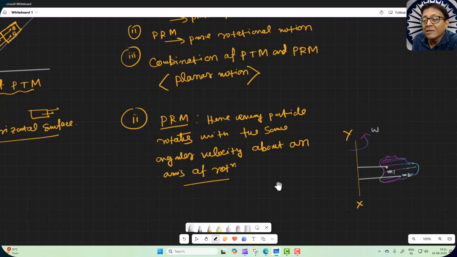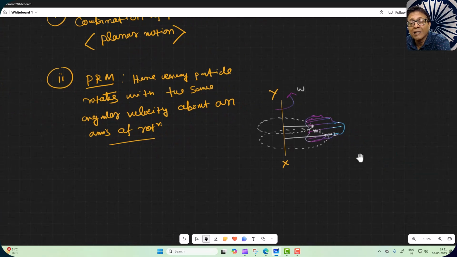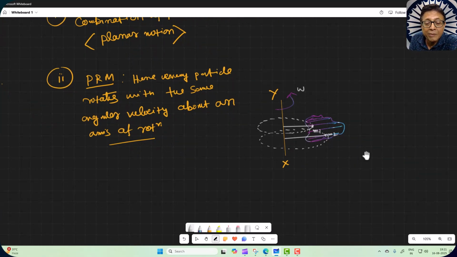And one very interesting thing to note: about the axis of rotation, they move in a circular path. Every particle about the axis of rotation describes a circular path. But the simplest diagram I can represent here may be like this.